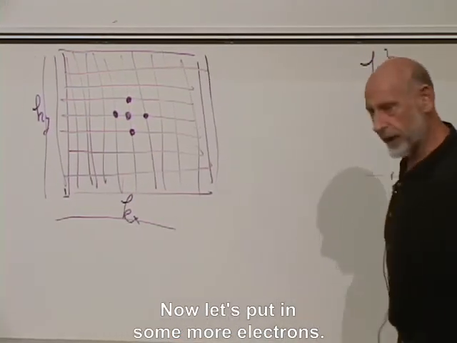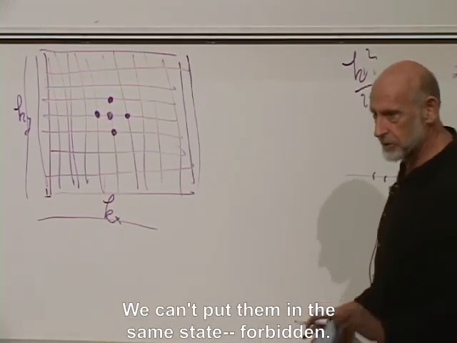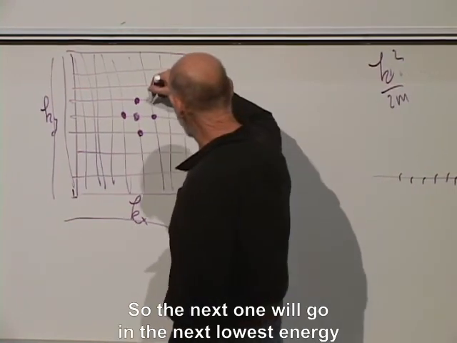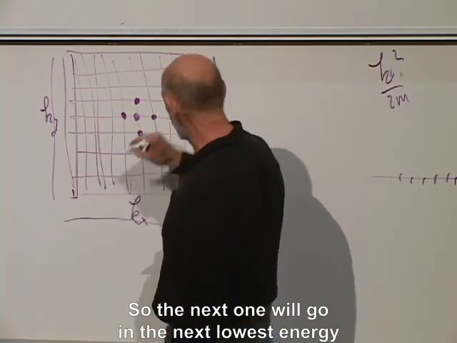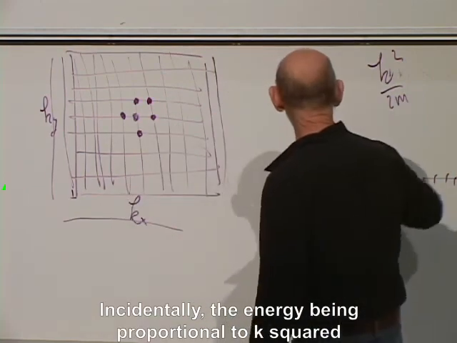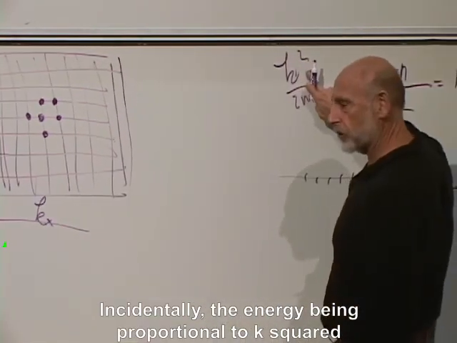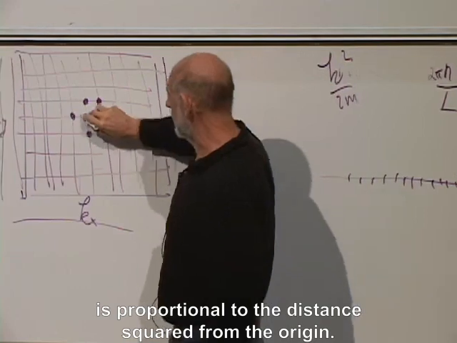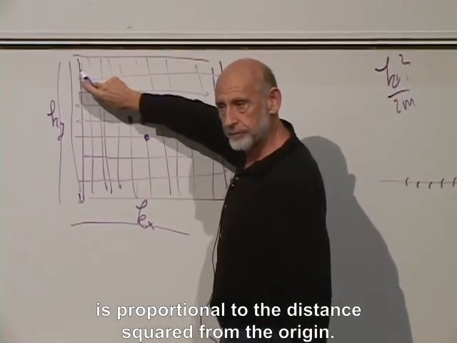Now let's put in some more electrons. We can't put them in the same state, forbidden. So the next one will go in the next lowest energy level, which will be over here. Incidentally, the energy being proportional to k squared is proportional to the distance squared from the origin.